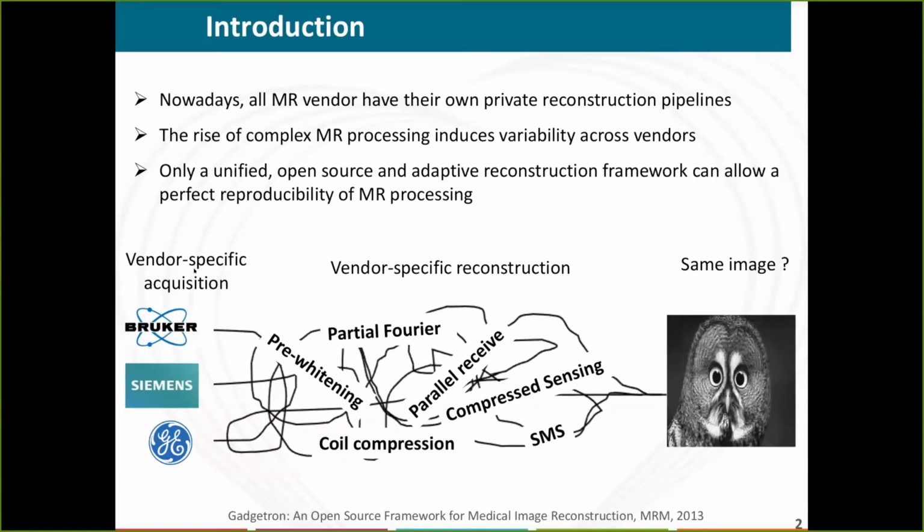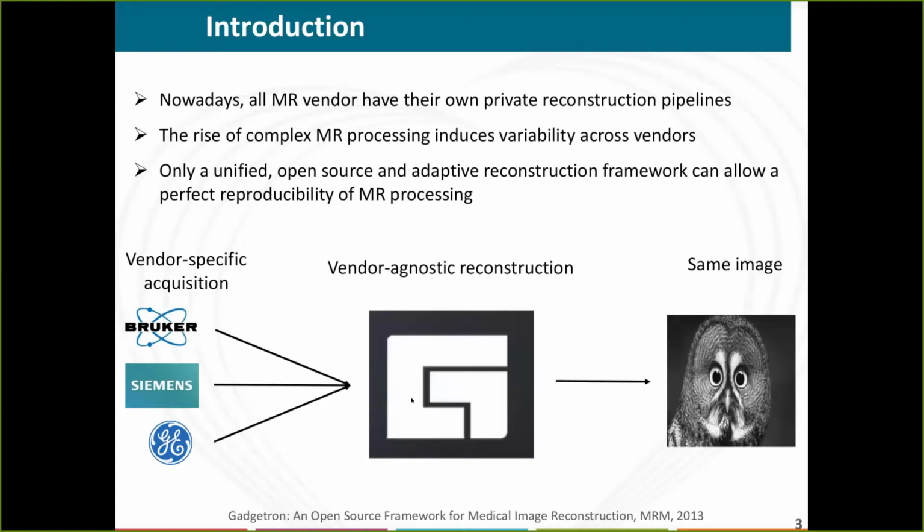And due to the rise of complex MR processing, such as parallel receive, compressed sensing, SMS, that might induce some variability across the vendor-specific reconstructions. And then the question is, even if we have the same data, do we get the same image after this vendor-specific reconstruction? And that's why we wanted to use a vendor-agnostic reconstruction provided by the Gadgetron framework.